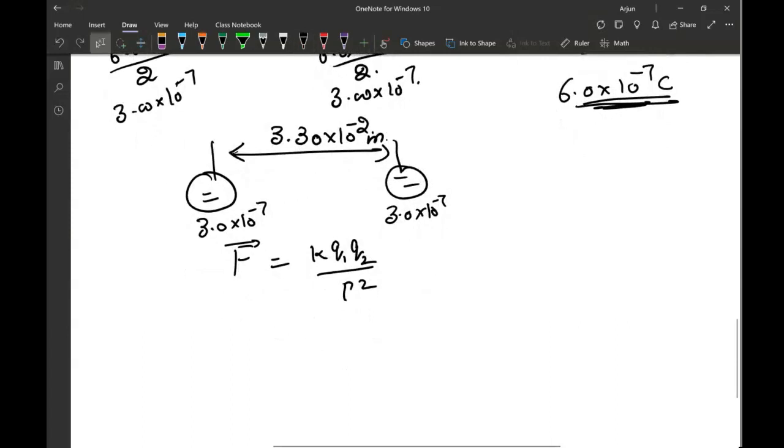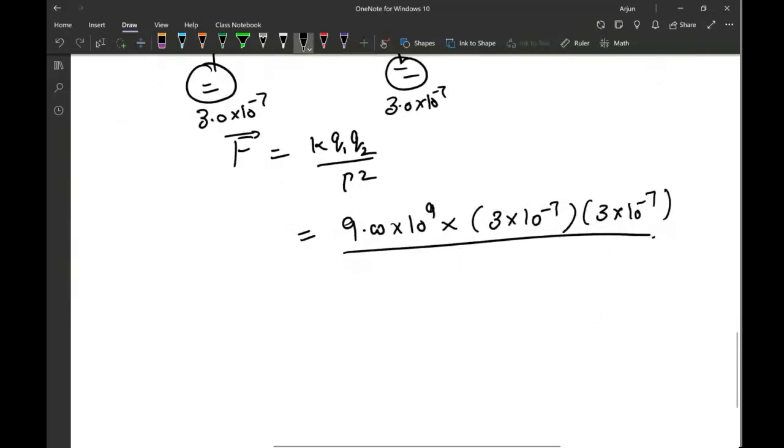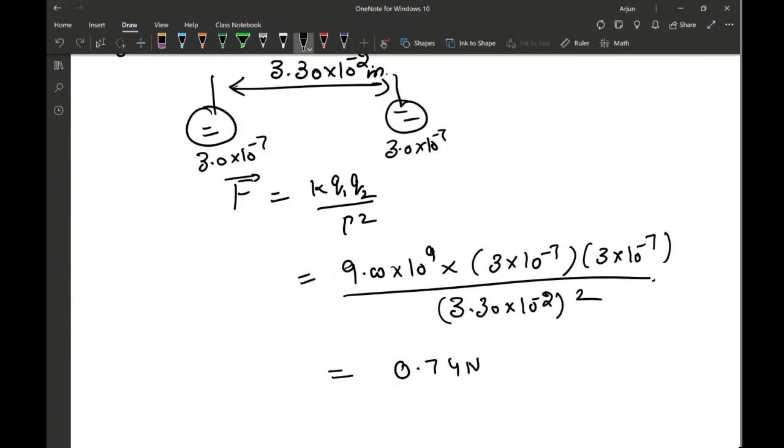You're going to plug in the values: 9.00 times 10 raised to the power 9 multiplied by 3 times 10 to the negative 7 and 3 times 10 to the negative 7, divided by r square, where r value is 3.30 times 10 raised to the power negative 2, squared. That's going to give you the value as 0.74 Newton.